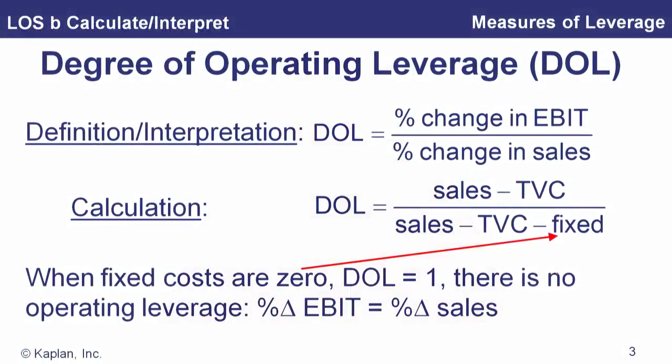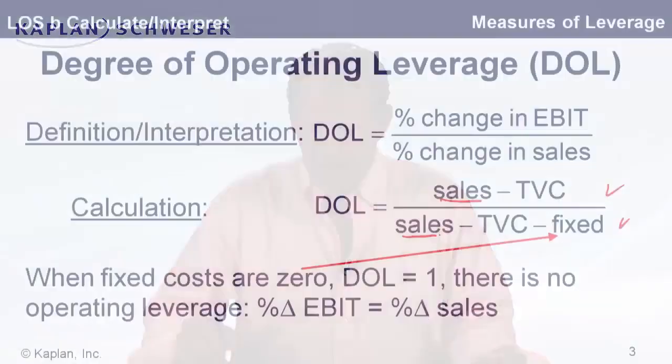And notice that because we've got sales in here, both of these items are affected by what level of sales or revenue we are at. So we'll get a different degree of operating leverage at different sales levels for the same firm and the same structure. And one way to help you remember this formula is to see where fixed costs is in there.